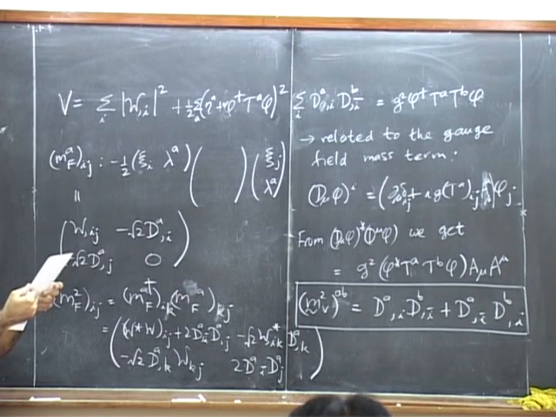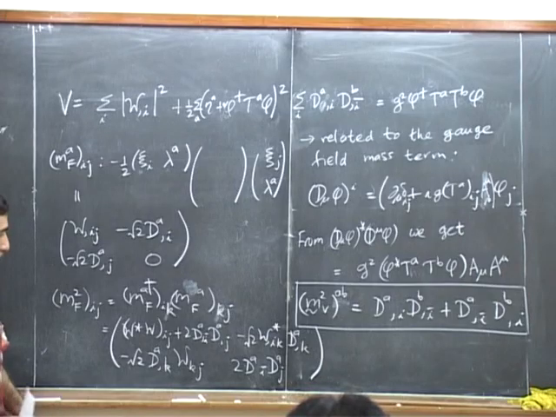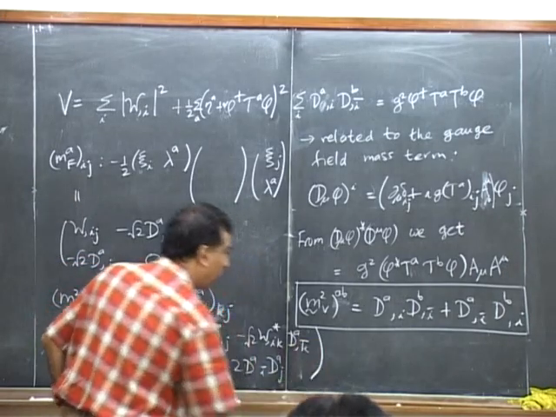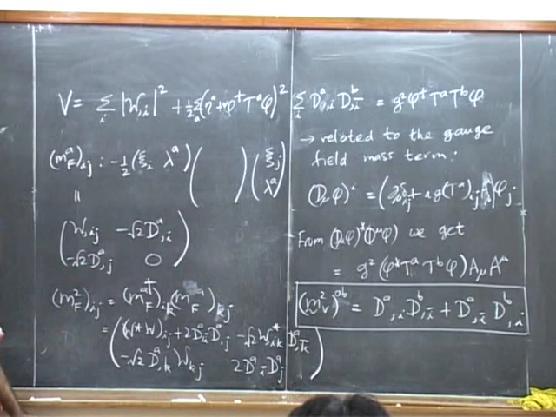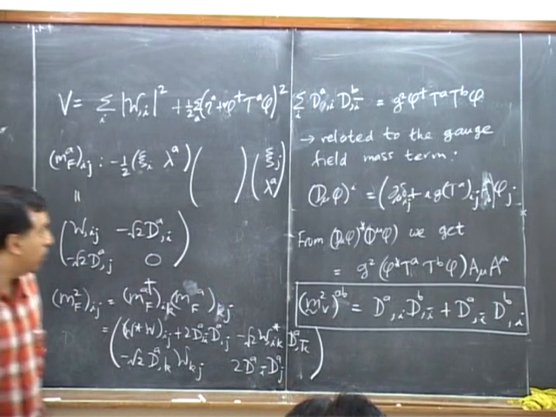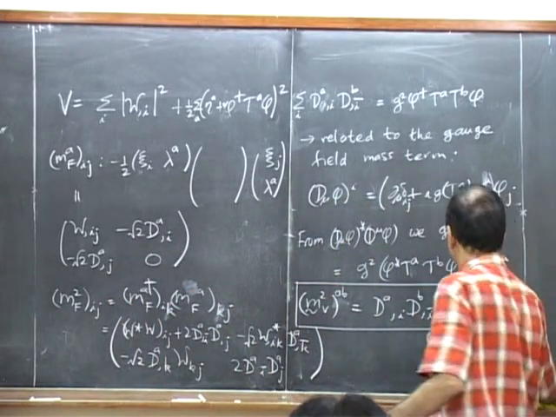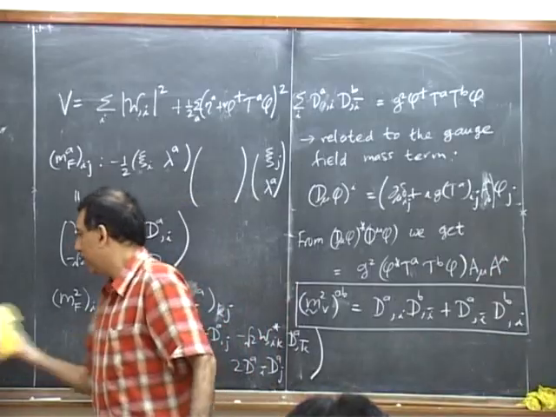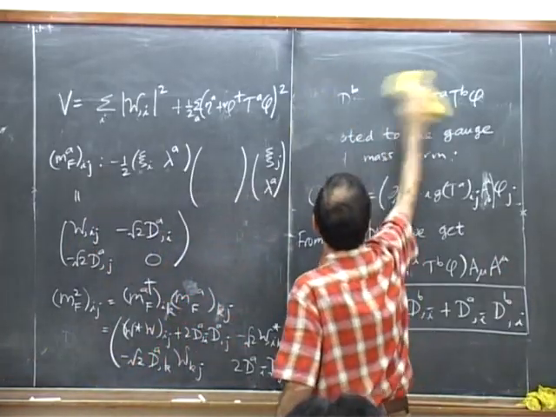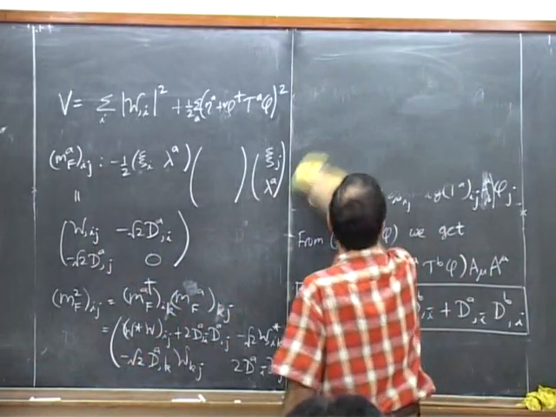I'm sure there's something I have not done right. I think one of these K's should be a bar, probably this one. Anyway, it won't contribute in this case. So this is the fermion mass matrix, and the last thing remaining is the scalar mass matrix. And then we simply trace them and add them, or add them and trace them, whichever we feel like.